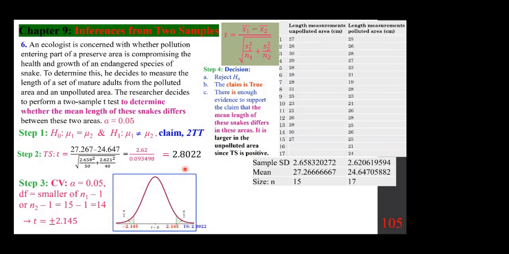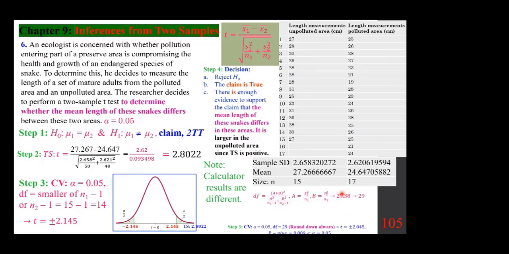By the way, technology also gives you this information, because this is positive, that means it is larger in that area. So having said that, if we go with the calculated result, remember what I told you, degrees of freedom is calculated using this formula. And 29.38, we choose 29, we always round down.